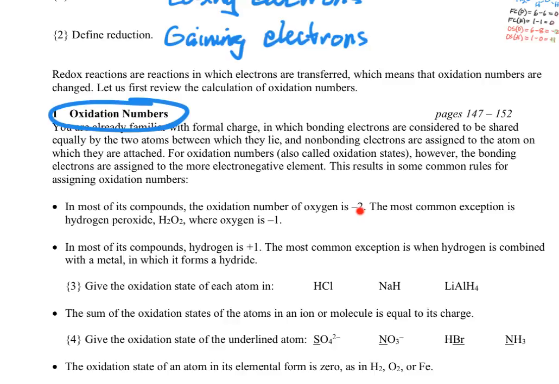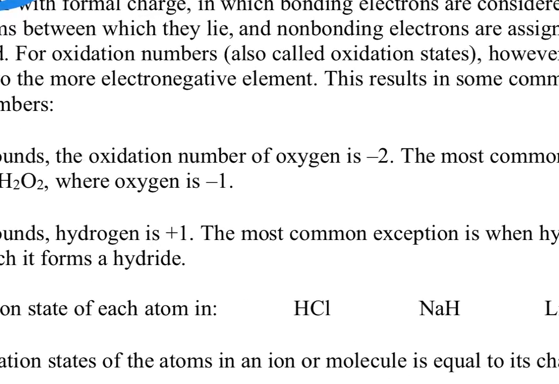One typical exception to that is hydrogen peroxide. And the reason here is, and maybe I'll zoom in a little bit to draw this, hydrogen peroxide has a general structure that looks like this. The key idea being that we have an oxygen-oxygen bond. And so when you have electrons shared between identical atoms, just like in formal charge, since there's no electronegativity difference, when we account for the electrons for oxidation state, one electron is going to go to the left oxygen, one electron is going to go to the right-hand oxygen.